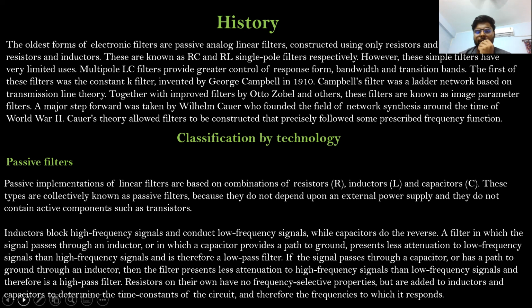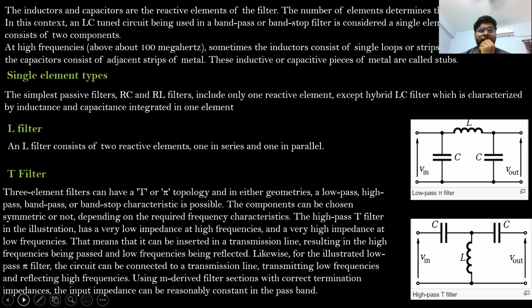Resistors on their own have no frequency selective properties, but are added to inductors and capacitors to determine the time constants of the circuit and therefore the frequencies to which it responds. Next slide. The inductors and capacitors are the reactive elements of the filter. The number of elements determines the order of the filter.